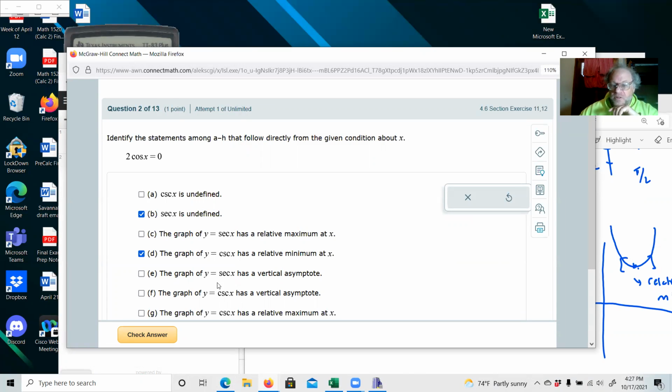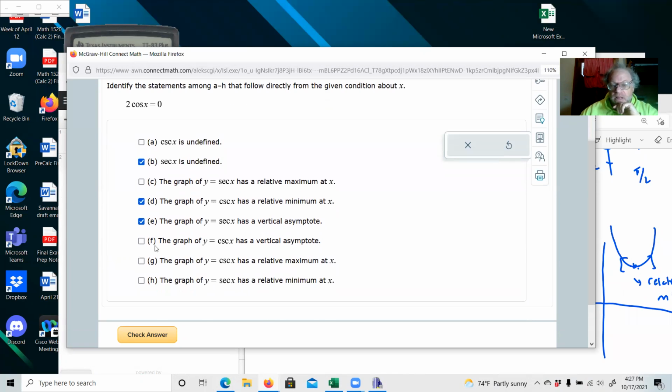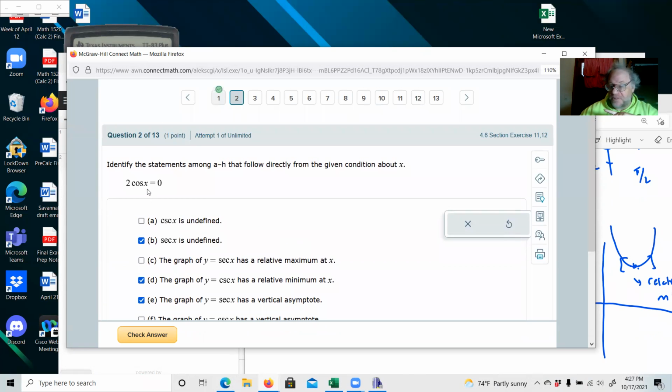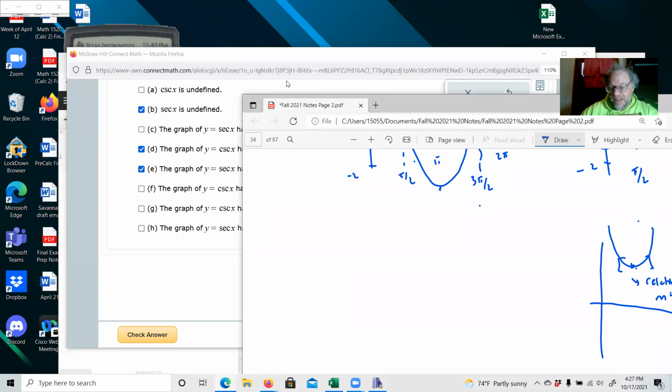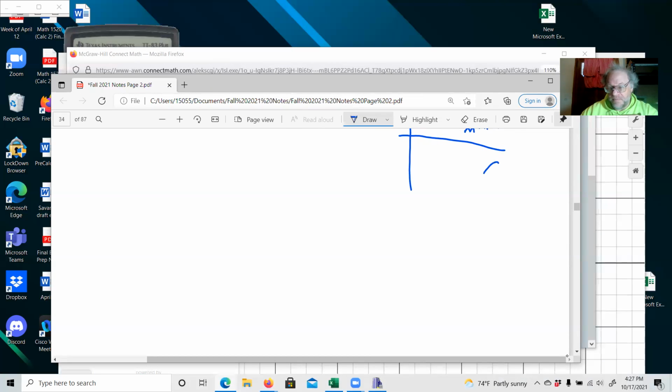The graph of secant has a vertical asymptote. That's true. The graph of cosecant does have a vertical asymptote, but not where this is true. Cosecant does not have a relative maximum? It does, but on the other side. Over here, this would be a relative max.